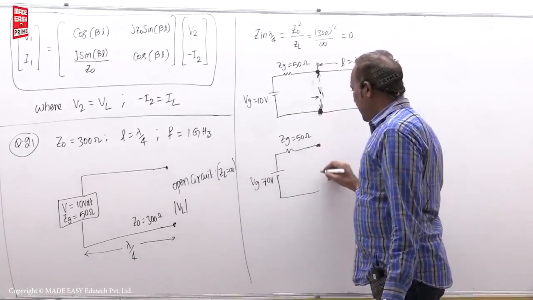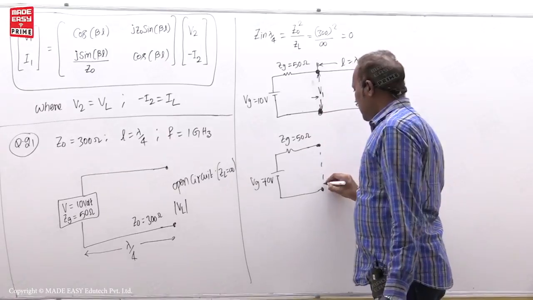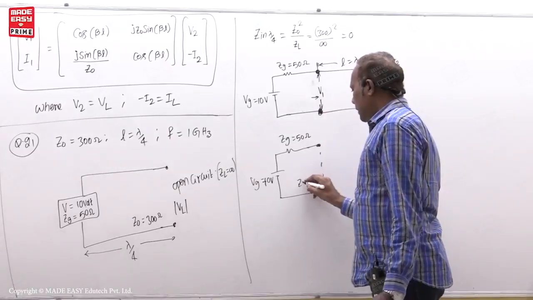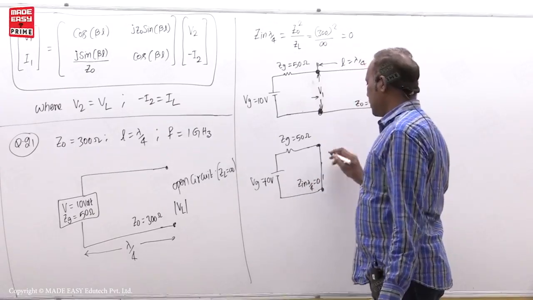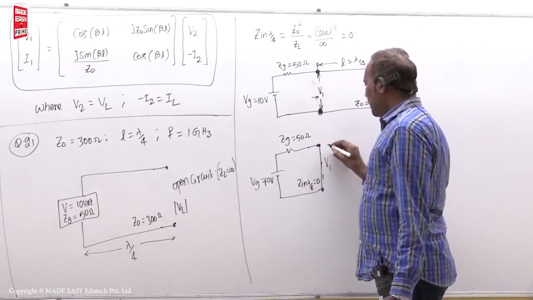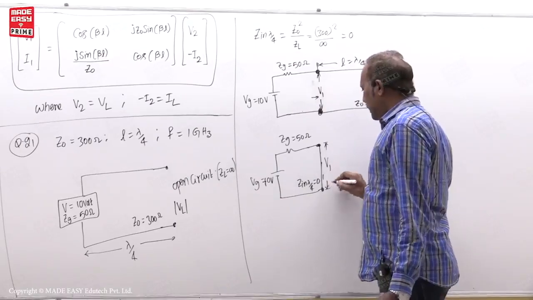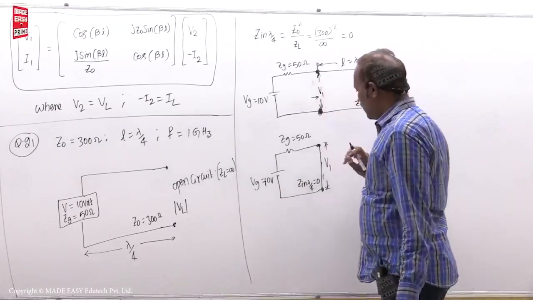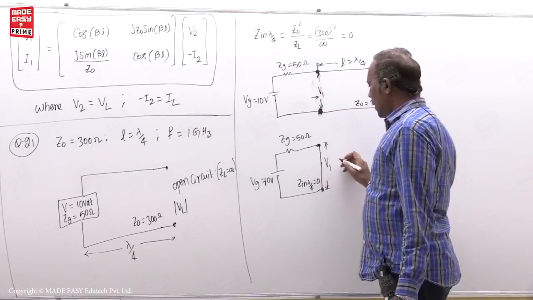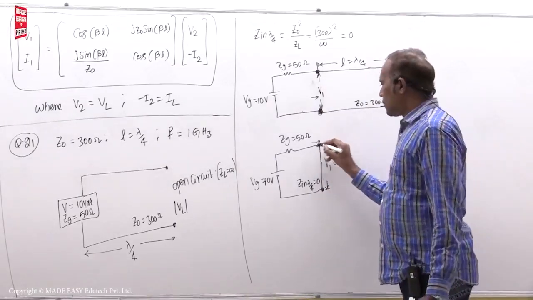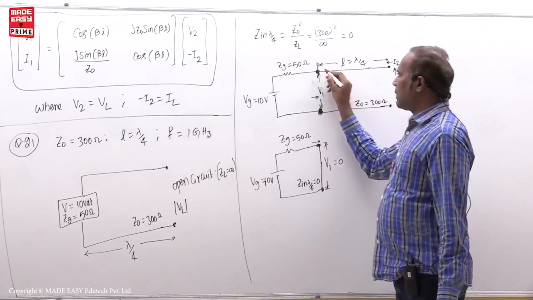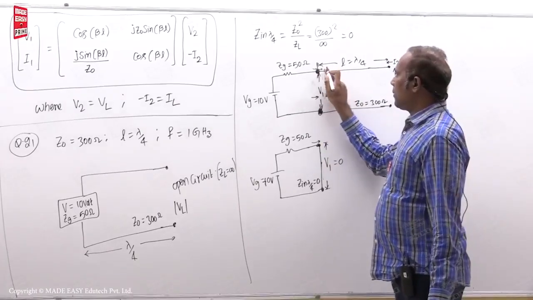Now here at the input, Z in of lambda by 4 is equal to 0. That means it is a short circuit. Whatever voltage is there here is called V1. Now across the short circuit, what voltage will be there, students? 0. Whatever current is going here is called I1.